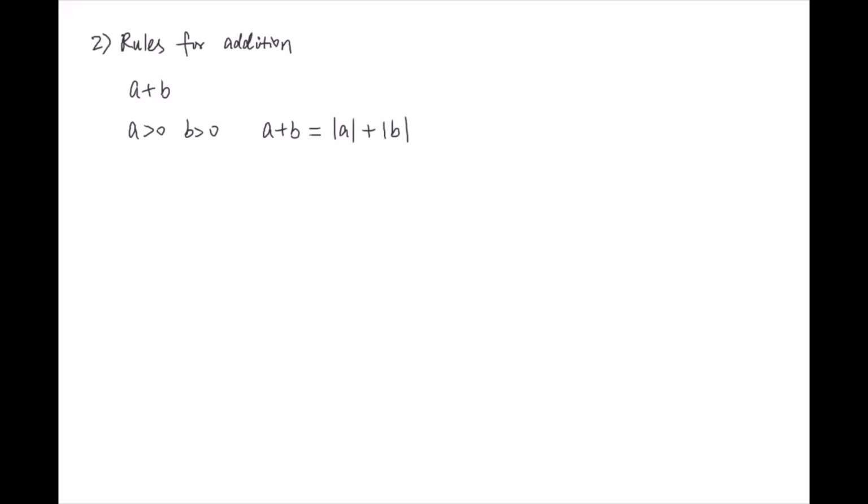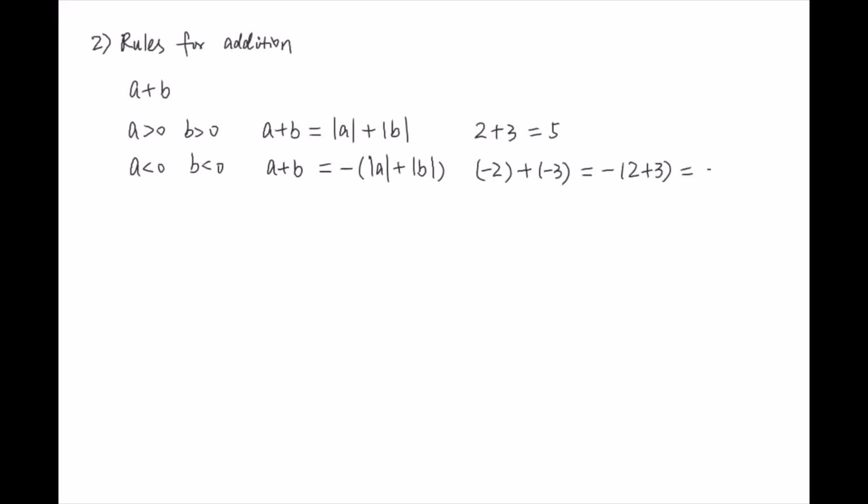For example, 2 plus 3 equals 5. Second situation, a negative, b negative, then a plus b equals negative of the sum of the absolute value of a and the absolute value of b. For example, negative 2 plus negative 3 equals negative (2 plus 3) equals negative 5.